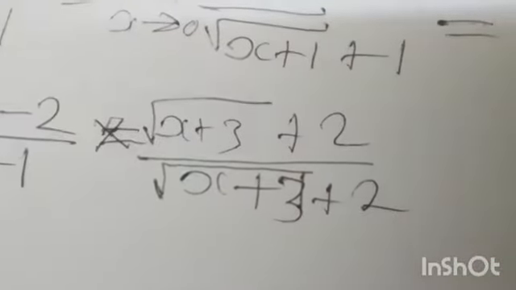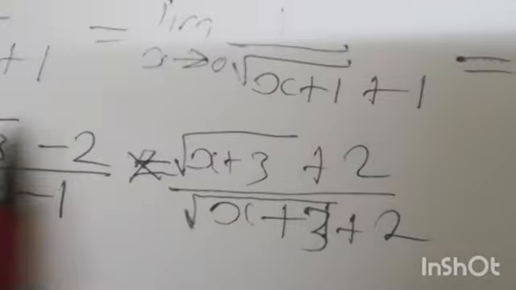You are going to multiply the numerator by its conjugate and the denominator by the conjugate of the numerator, so multiplied by root of x plus 3 plus 2 over root of x plus 3 plus 2.